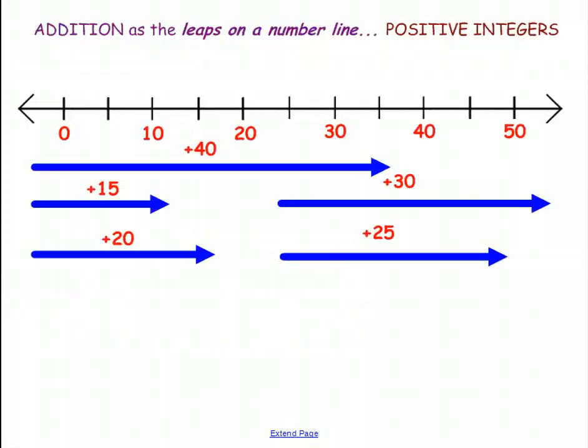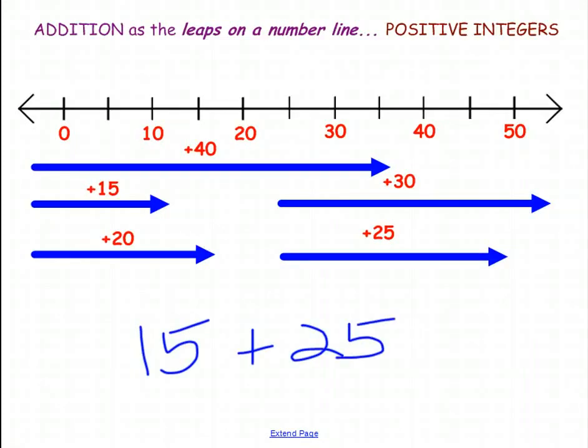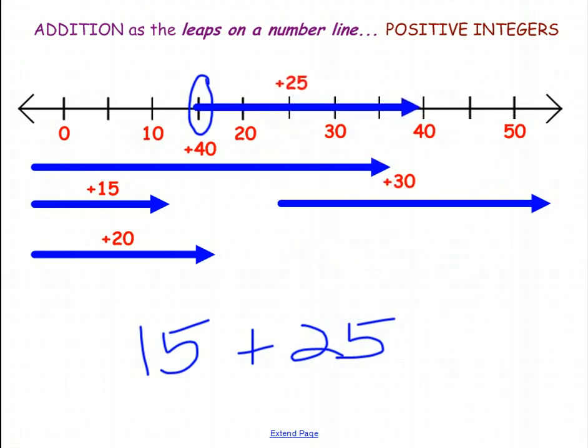So let's take a look at this idea when it comes to leaps on a number line in the positive direction. So let's say that we want to look at an addition of 15 plus 25. Now, we could start the idea at 15, make this leap on a number line with 25, and we can get to the answer that we want.